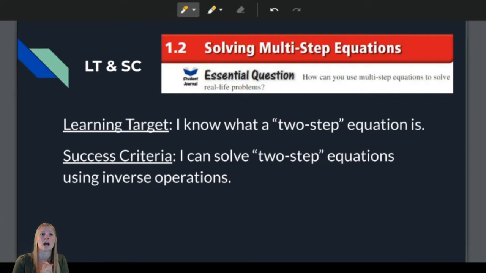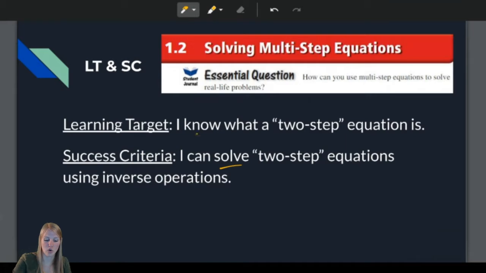Now, on to what we have for today. Today is all about 1.2, Chapter 1, Section 2, about solving multi-step equations. So, the learning target is that you know what a two-step equation is, and the success criteria is that you can solve two-step equations.